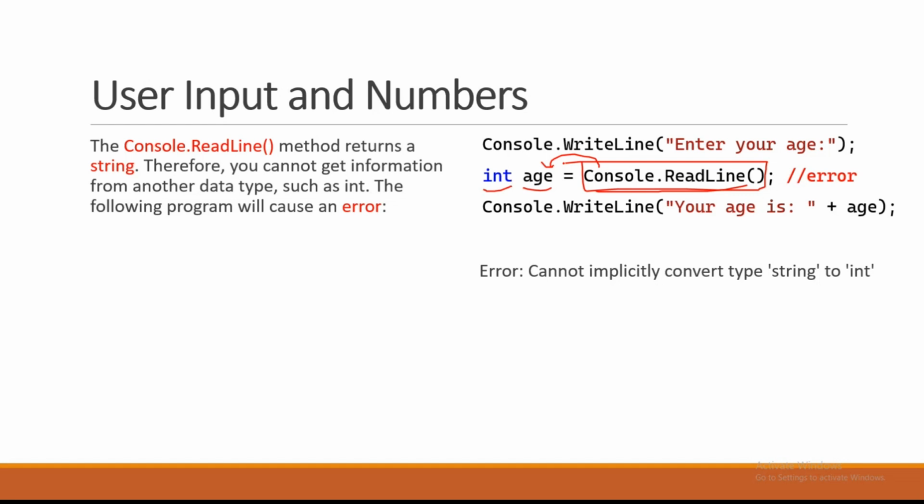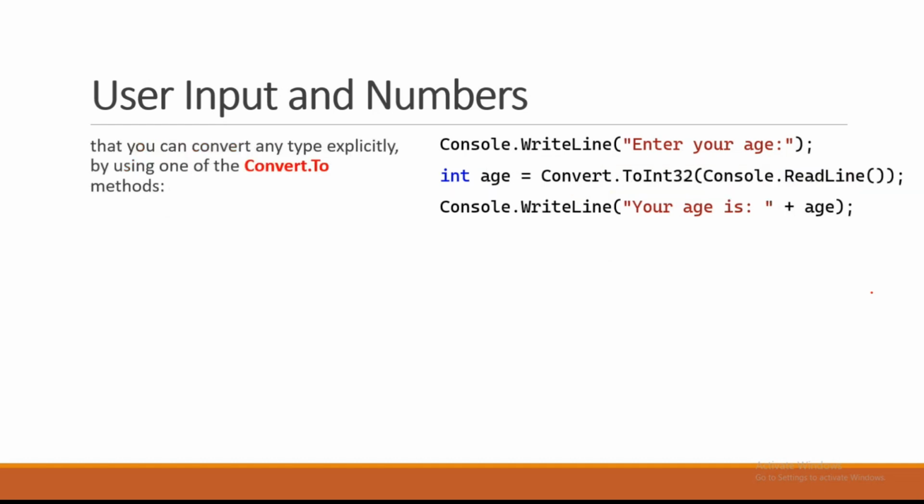If it's a number, then we need to explicitly convert it, because all the values the user enters from the console will be strings. Because of that, this line shows an error: cannot implicitly convert string to int. We have to explicitly convert it to int.